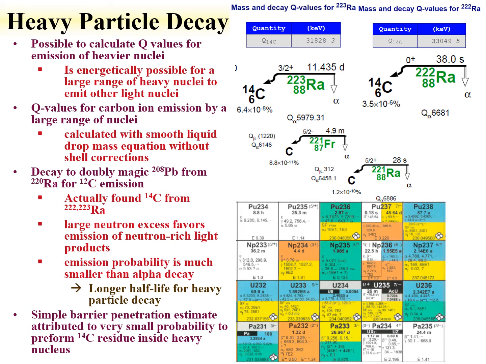Data that would show the particles that are emitted from these isotopes would be found in the table of the isotopes. However, the chart of the nuclides indicates which isotopes can decay through heavy particle emission, which is listed in the chart of the nuclides as cluster decays.